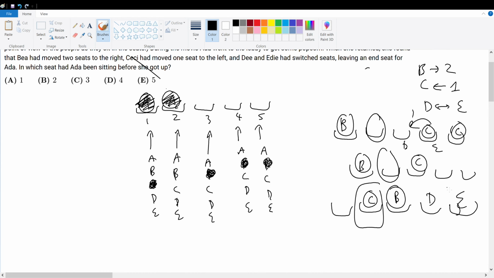And so what does that help us with? Well, D and E were to be right here, and then they swapped, which would make sense, and then D and E swap to get E and D. And so Ada would have sat here. And that would have been a valid combination given the criteria. And so in which seat had Ada been sitting before she got up? Well, 2 must be the correct answer from our simulation.